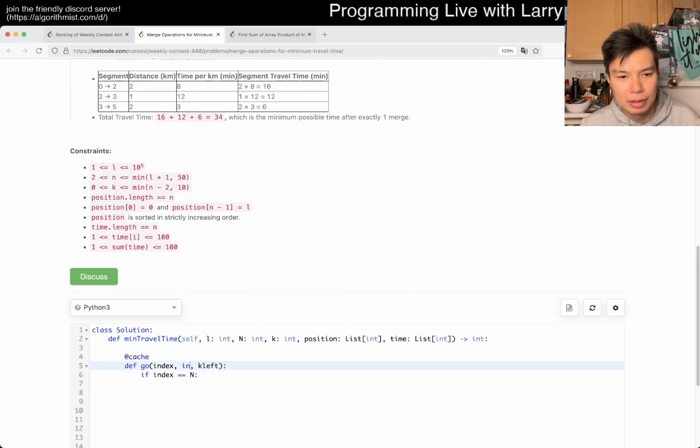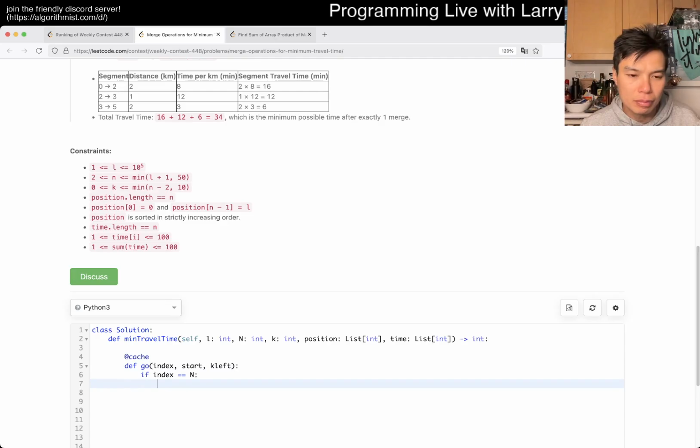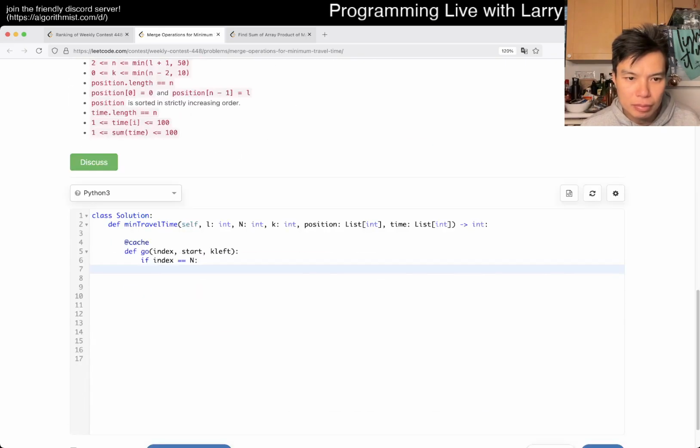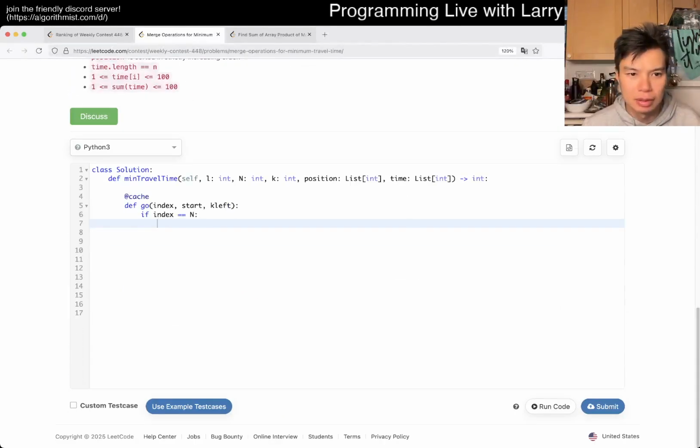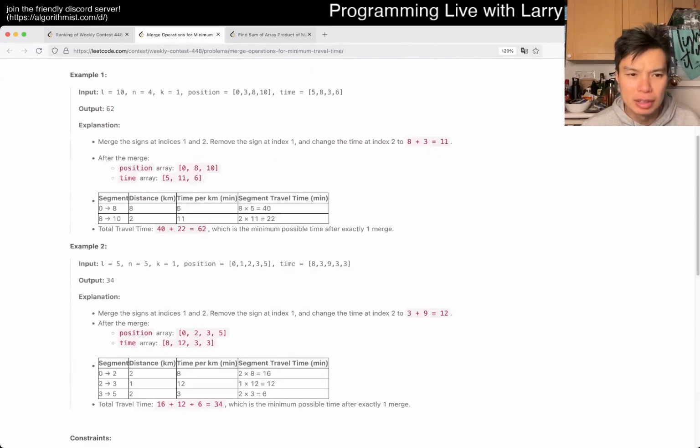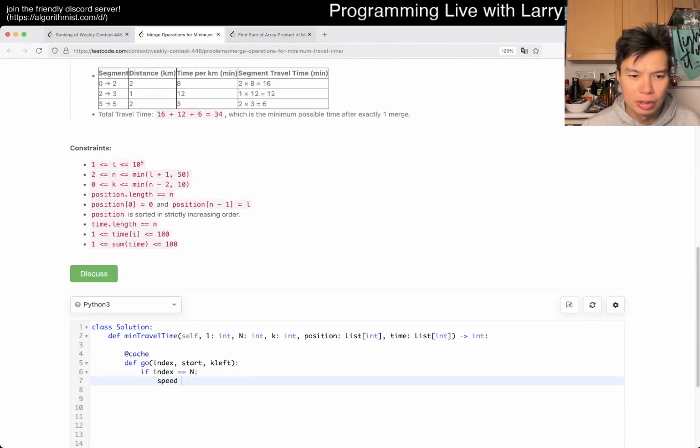Maybe, I don't know. Start index, and then now it just becomes, okay, so the time, the speed, if you will, is equal to start index, or something like this. I mean, it's not quite right.